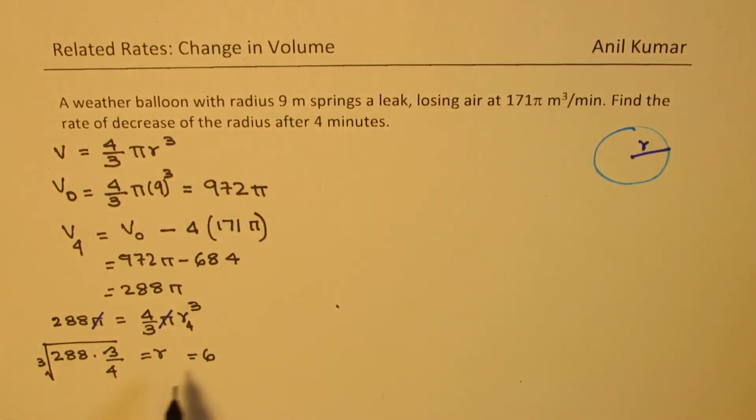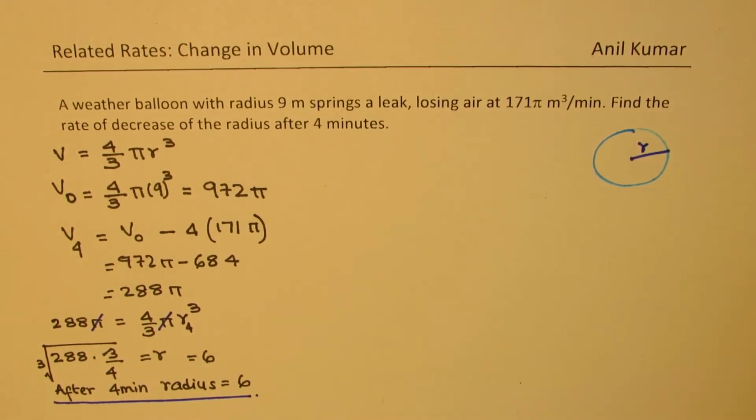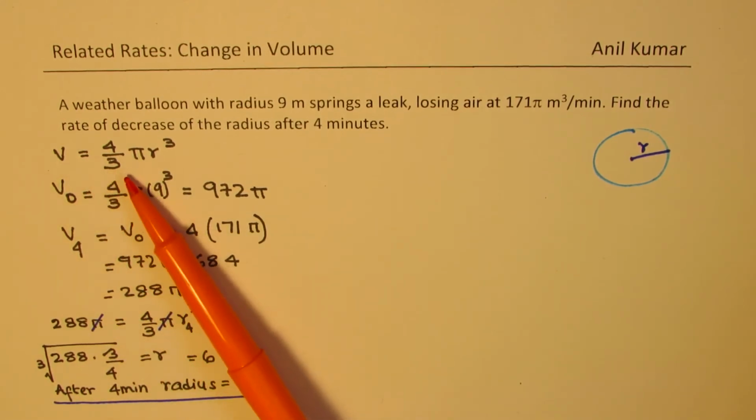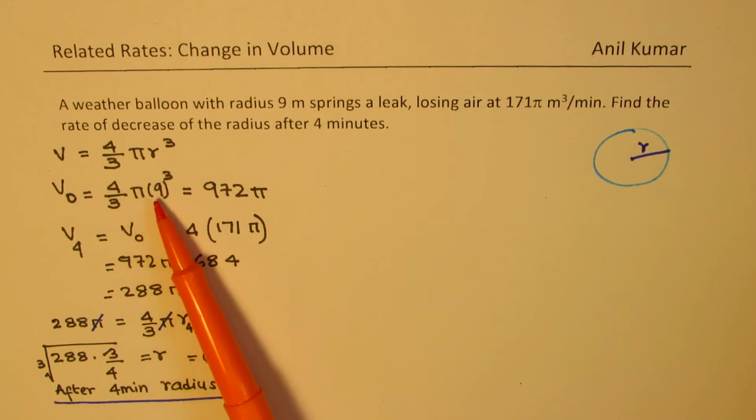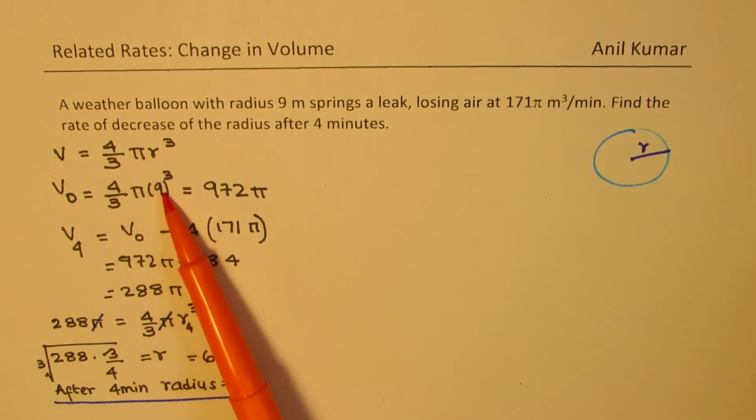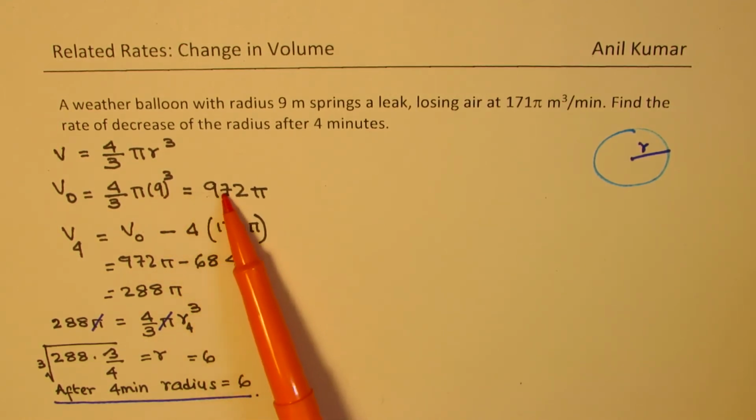So all this calculation indicates that after 4 minutes, radius equals 6, correct? I hope this part is absolutely clear to you. We started with the formula of this sphere, which is 4 by 3 pi r cube. Initial volume is with r equals 9 and came to 972 pi.